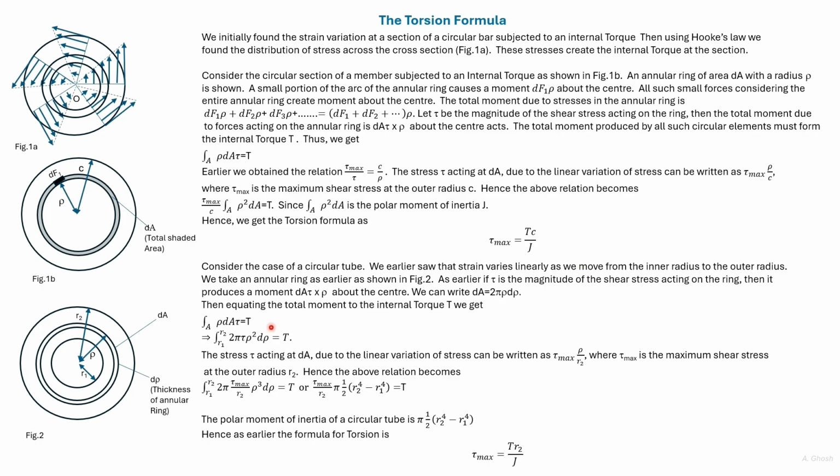Here we write the area dA in terms of d rho, which is the thickness of the annular ring, and its circumference, 2 pi rho. So substituting this value in this equation, we get this expression where the integration now is of rho square, and the limits are r1 and r2.